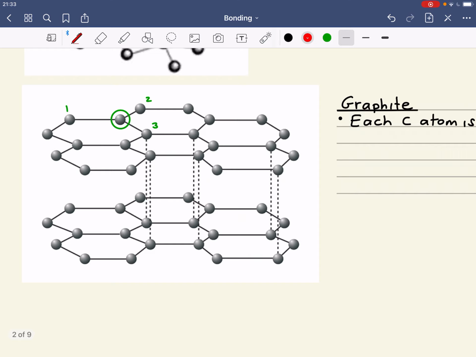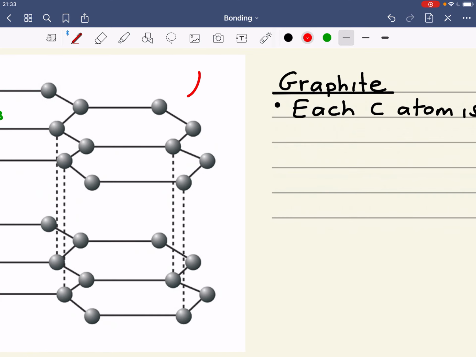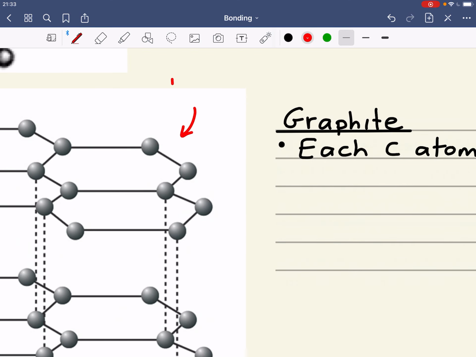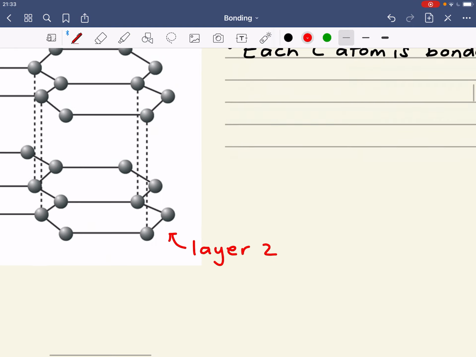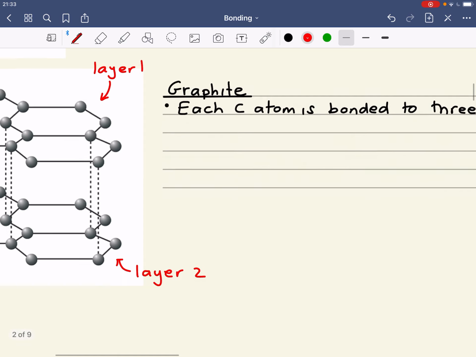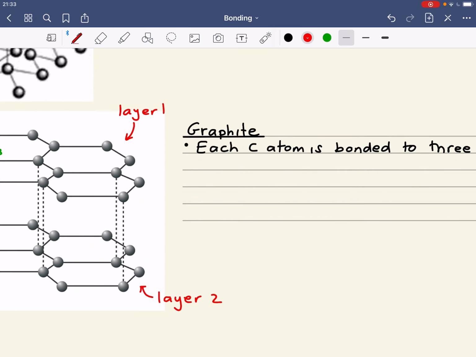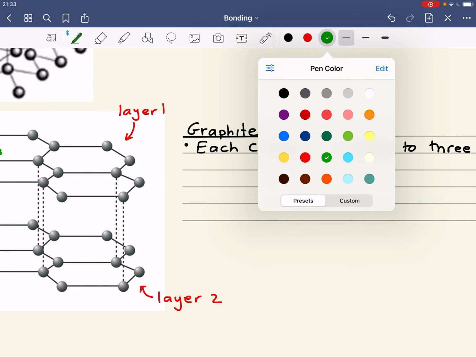This here, for example, is one layer, which I'll call layer 1, and this here is another layer, layer 2. And there are weak forces between the layers.